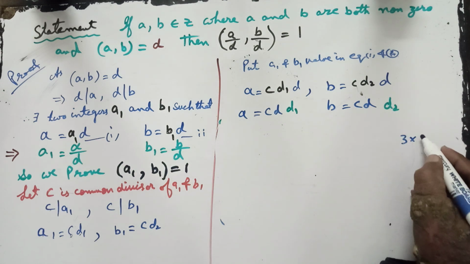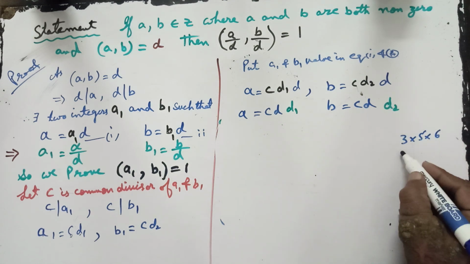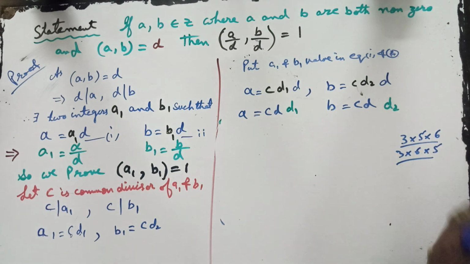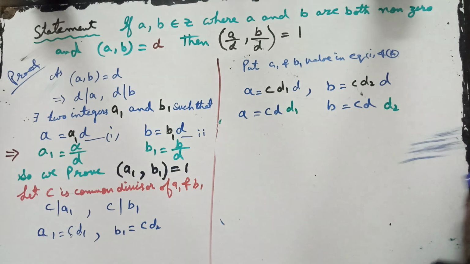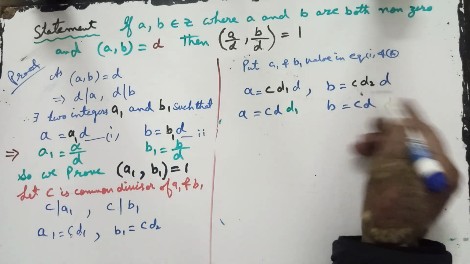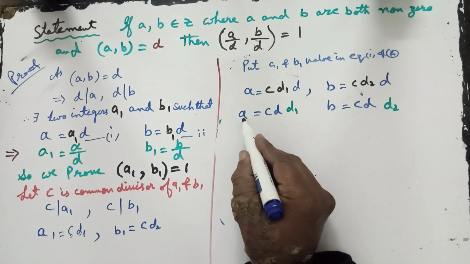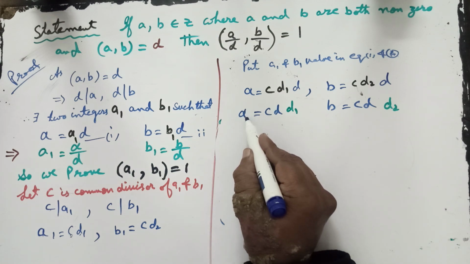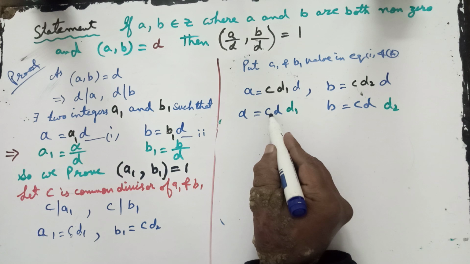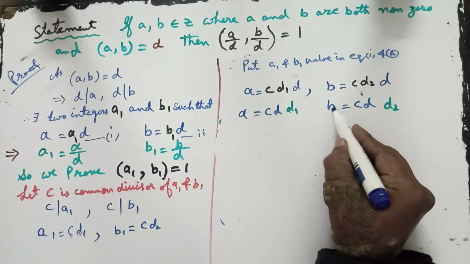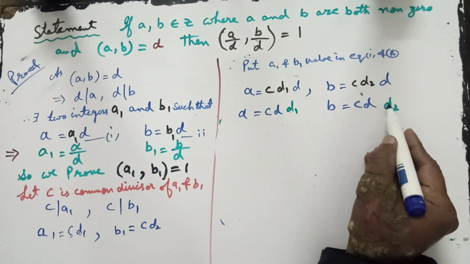Can I write 3 multiply 5 multiply 6 as 3 multiply 6 multiply 5? There is no change in the answer, so I just change the places of multiplication. Here you see that this number can be written in the form of three factors, and this also can be written in the form of three factors.